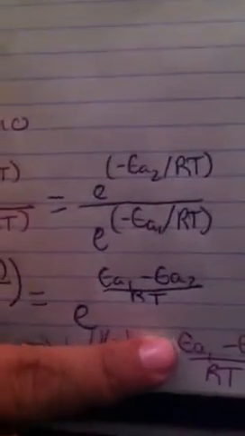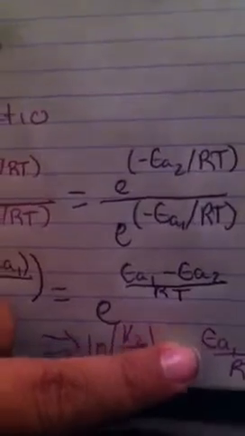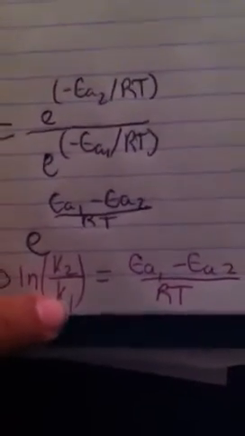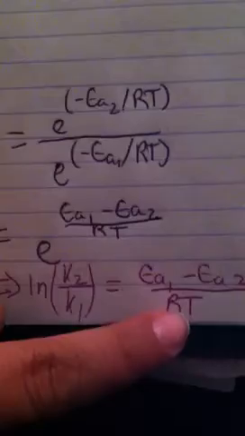Then I just made that pretty into EA1 minus EA2 over RT. Okay, so we can't forget that all equaled ln of K2 over K1 equals EA1 minus EA2 over RT.